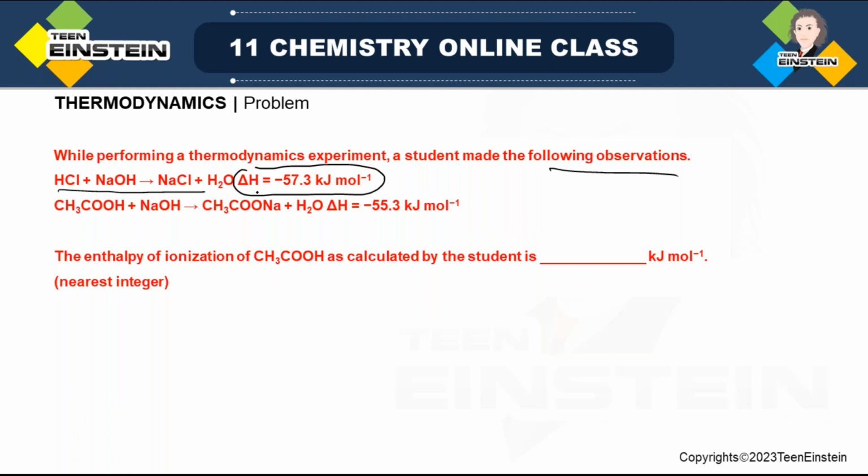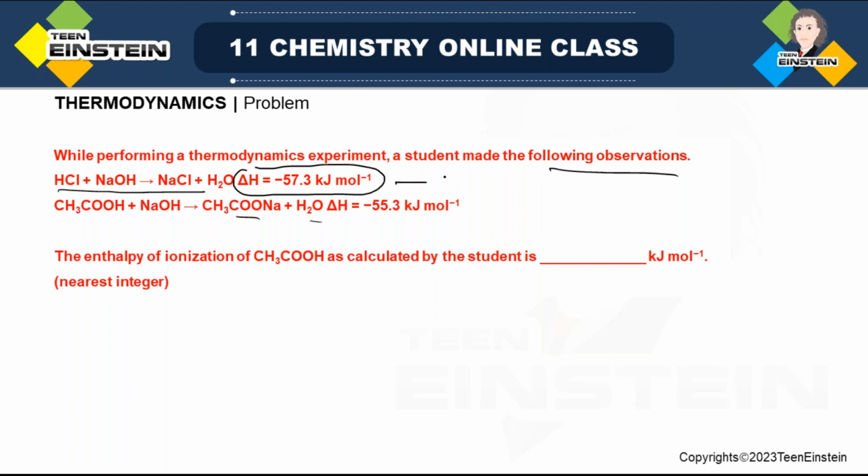And there is another equation, the reaction between sodium hydroxide and acetic acid. On the right hand side we are getting sodium acetate salt and obviously water. Now both are balanced equations. In the first case the delta H value is mentioned, in the second case also the delta H value is mentioned.